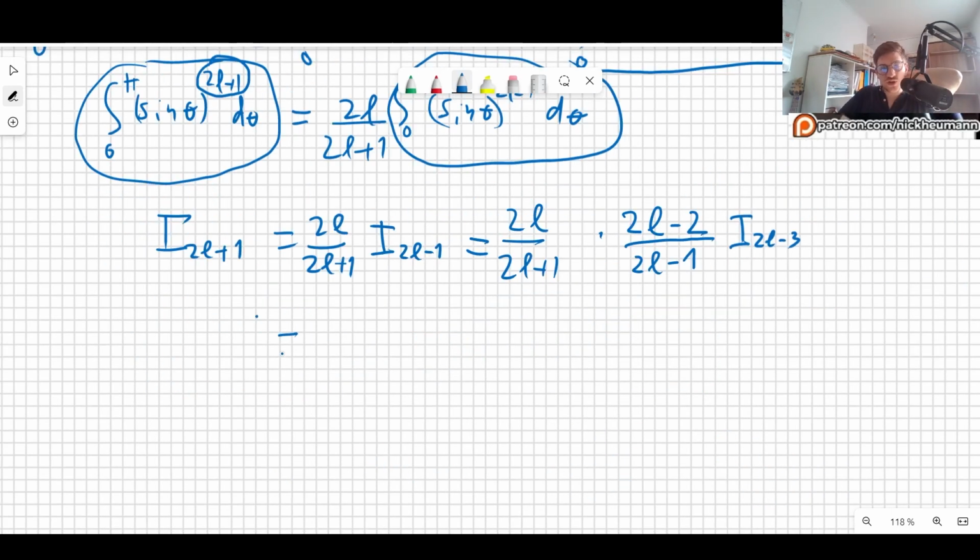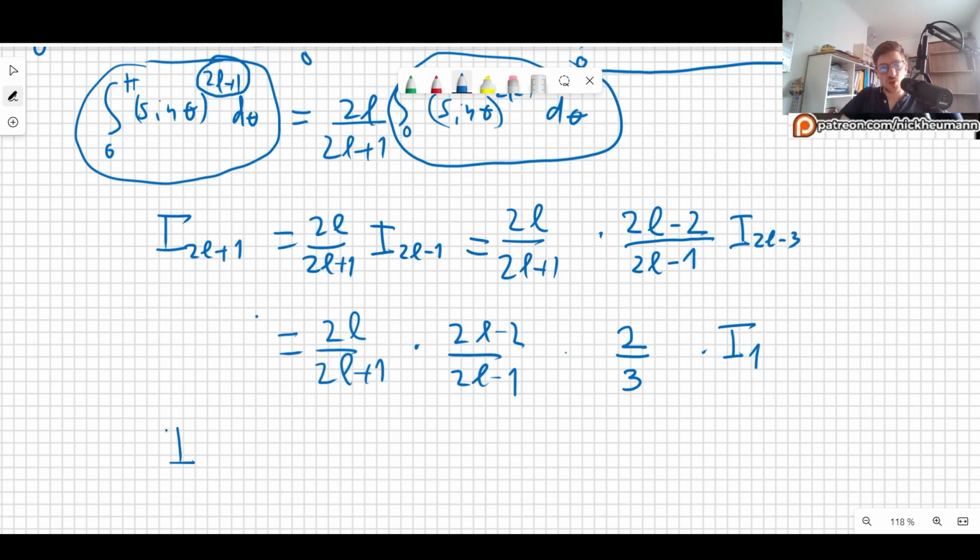If we just keep going, we have 2L plus 1, then 2L minus 2, 2L minus 1, and then the next one, and the next one, and eventually we get to the very last possibility, which is 2 over 3. The lower number is always one more than the upper one, and then times the lowest possible power, which would be 1. So I1.